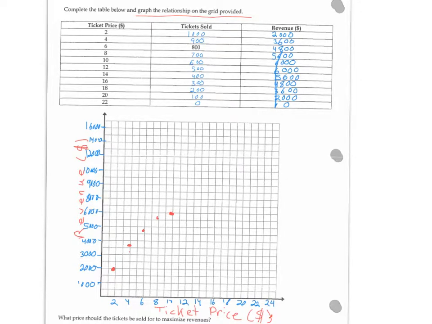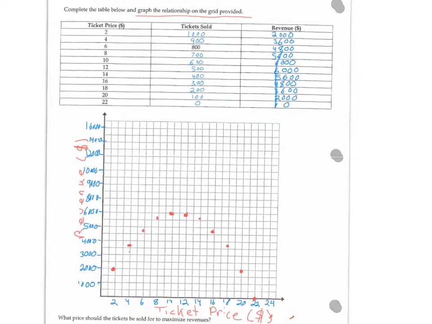So does a $12 ticket price. A $14 ticket price gives us $5,600. A $16 ticket price gives us $4,800. An $18 ticket price gives us $3,600. A $20 ticket price gives $2,000, and a $22 ticket gives us a revenue of $0.